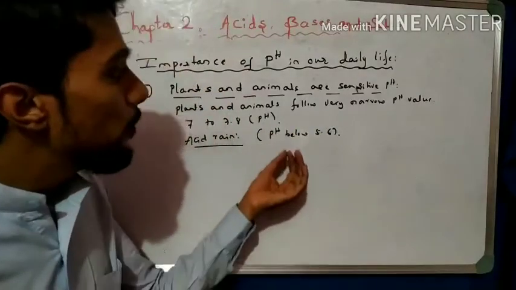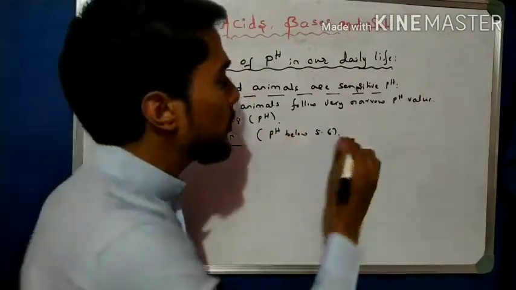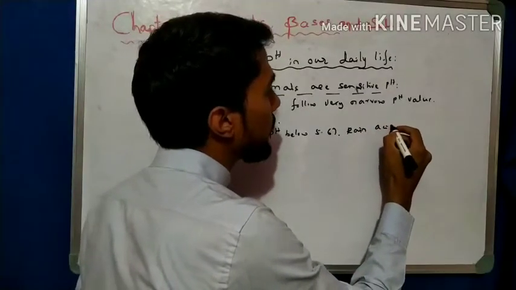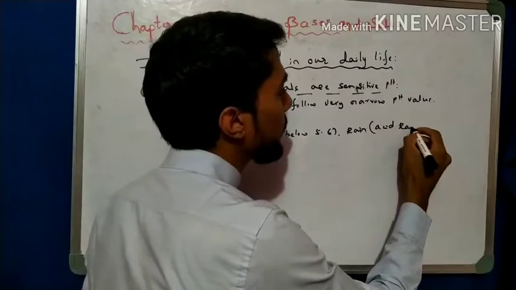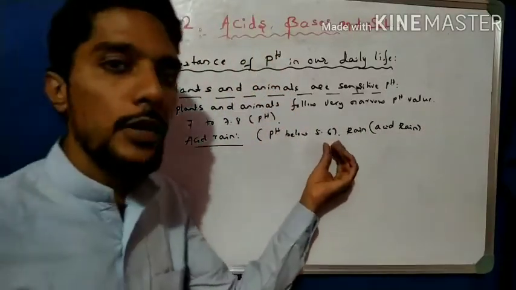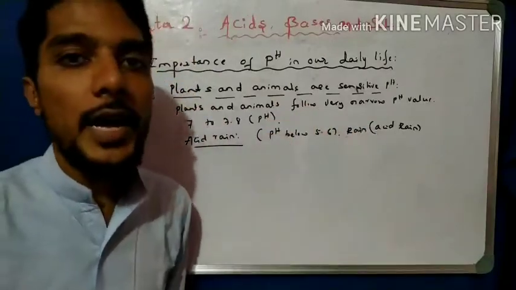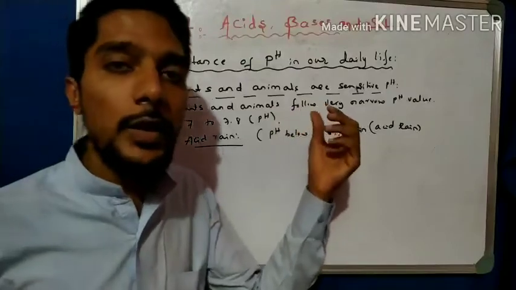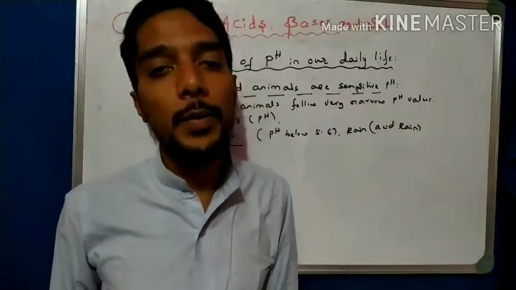When the pH is less than 5.6, such rain is called acid rain. Okay, the rain whose water pH is less than 5.6 is called acid rain, and this is not fit for any animals, or for the plants, right?